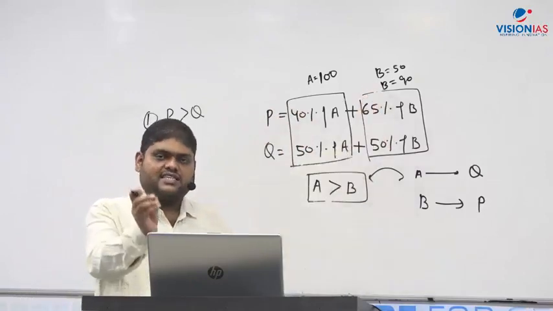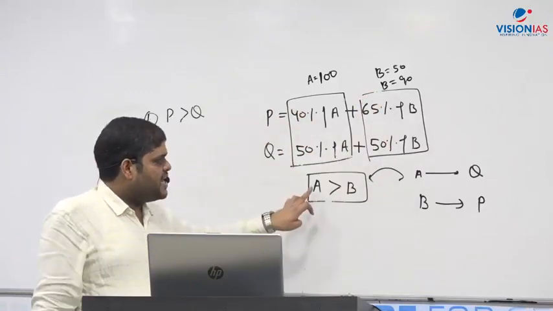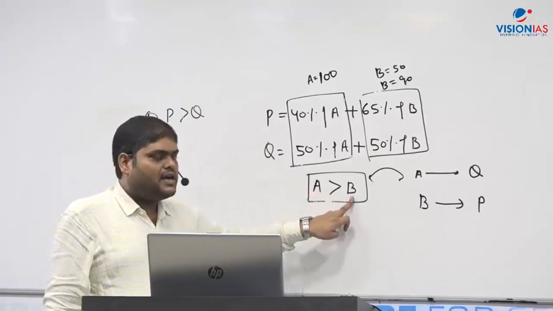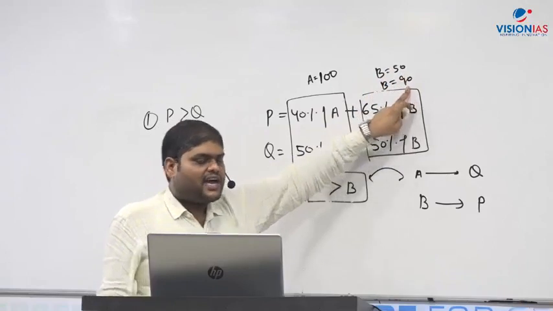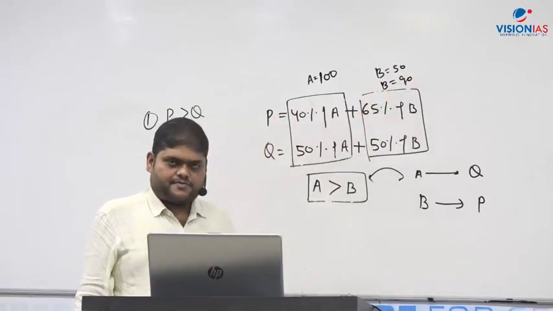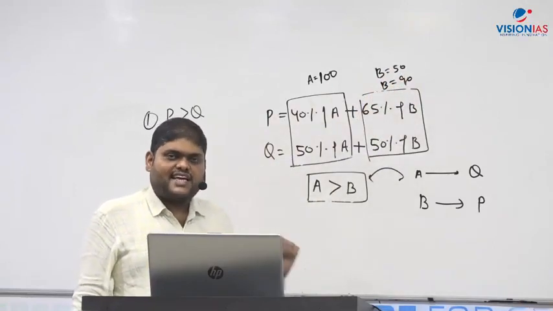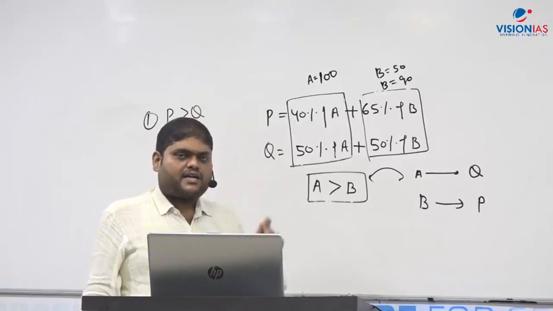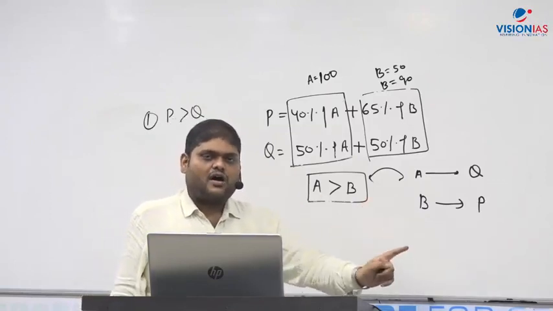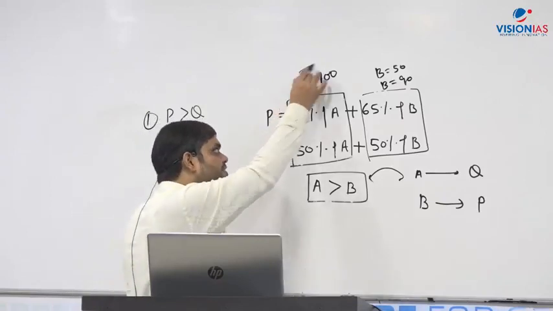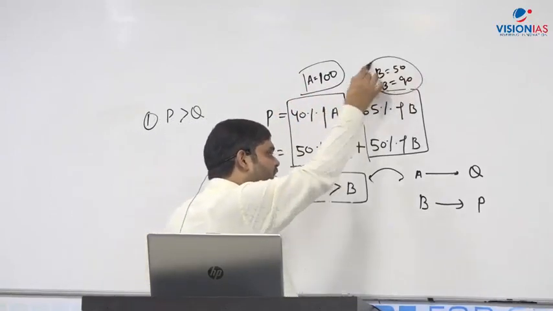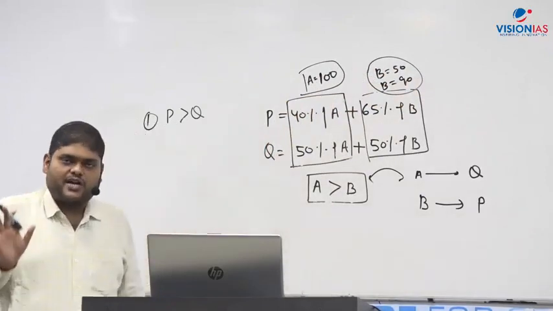That means if it is given A is more than B, either I take B as 50 or B as 90, in both cases it will be correct. But if in any single case it is wrong, that cannot be the correct answer. So always check with a simple value so that you will be able to answer.